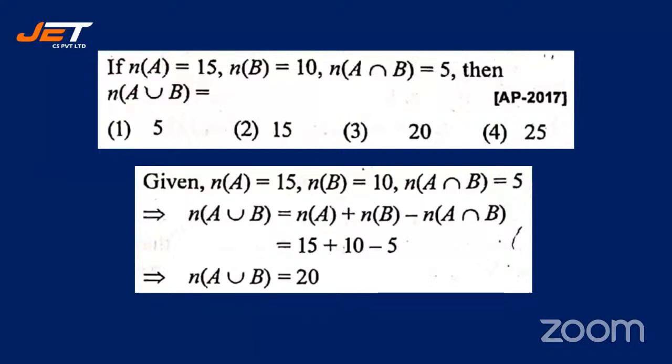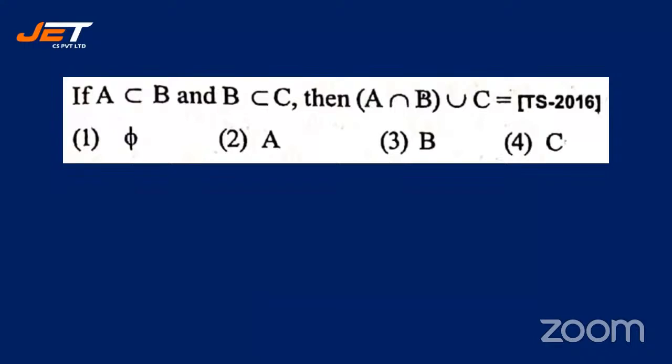We have a formula. N of A union B is nothing but n of A plus n of B minus n of A intersection B. Just substitute it: 15 plus 10 minus 5, which will give you 20. Therefore, your correct option is 3.